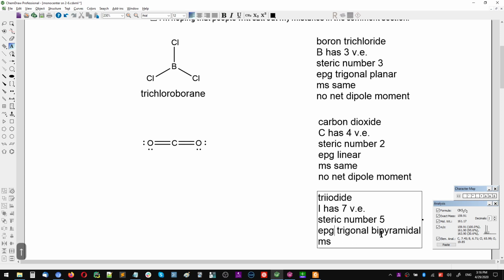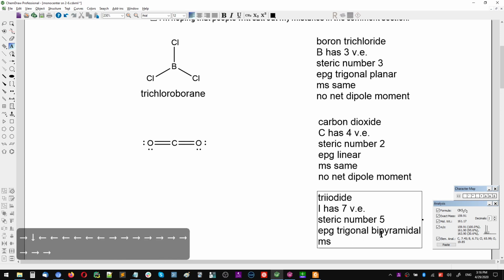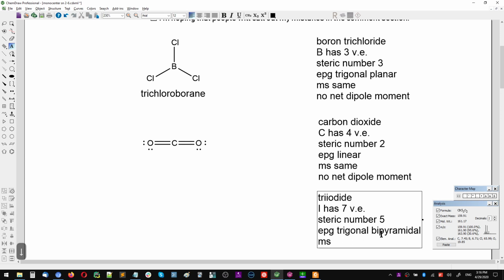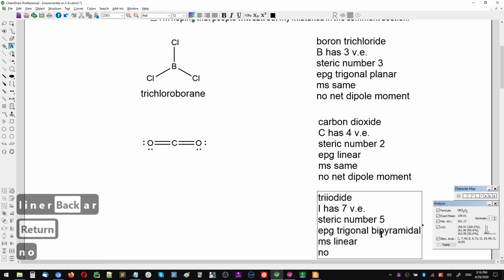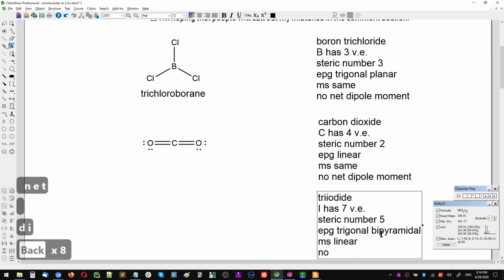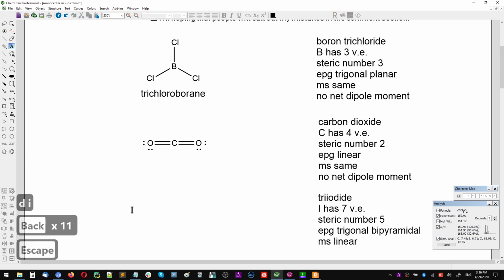So it has 7 valence electrons, steric number 5, trigonal bipyramidal. Is it linear? Interesting. I think it's linear. Okay. And it seems that there's never a dipole moment. I don't think there is any. I don't know. Let's see. I'm a bit confused about this one, so let's see.